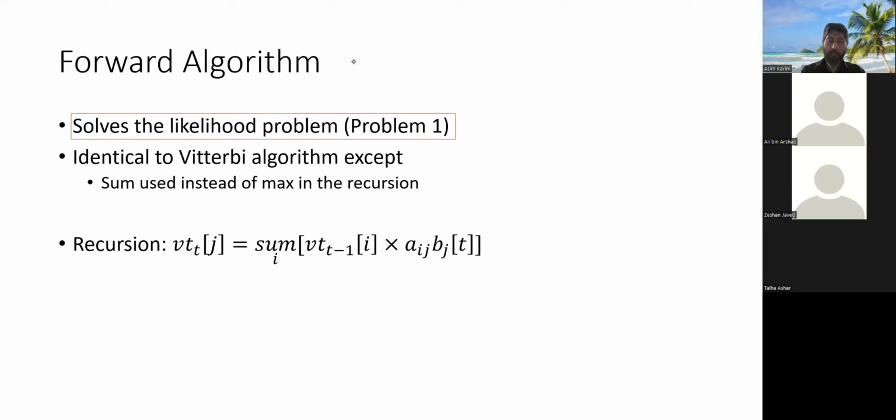Instead of now taking the max, जिसमें हम argmax कर रहे थे decoding के लिए, यहाँ simply हम sum करेंगे. ठीक है? So we use the sum instead of the max in the recursion.